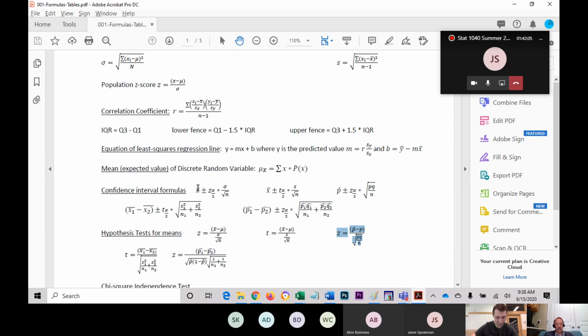We also have confidence interval formulas. The confidence interval formula works the same way. If you know the population standard deviation, you're going to use the z. If you don't know the population standard deviation, you're going to use the t.